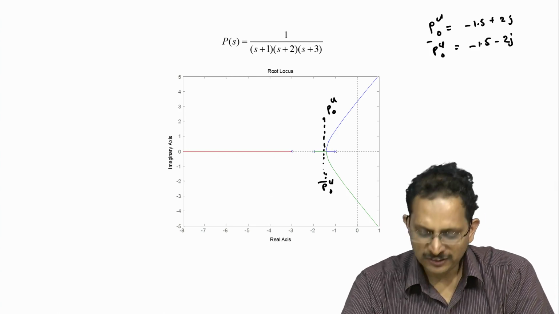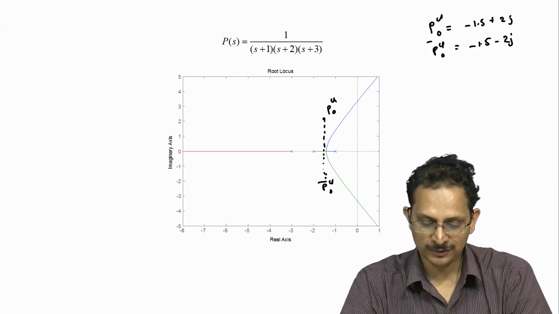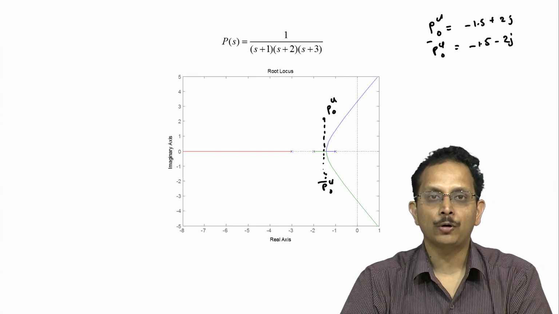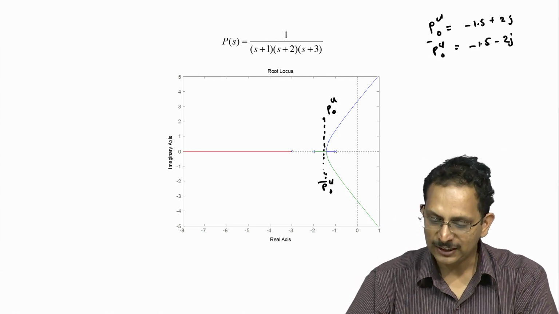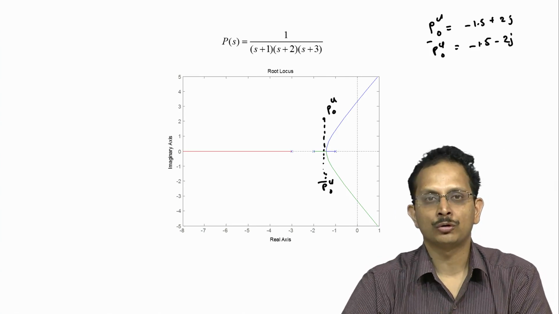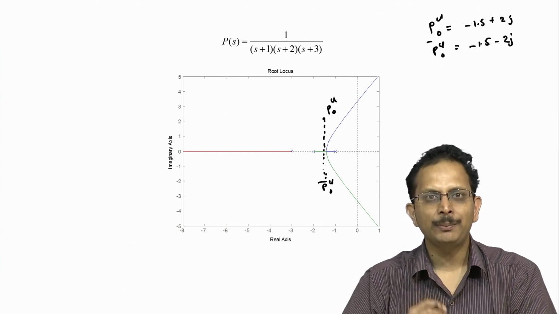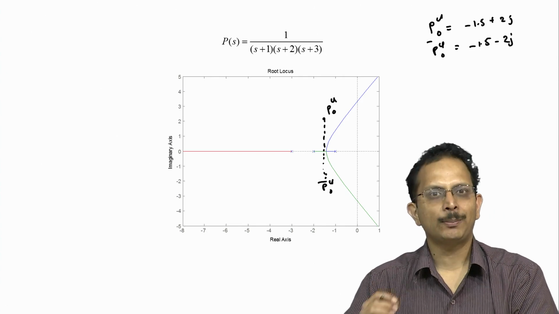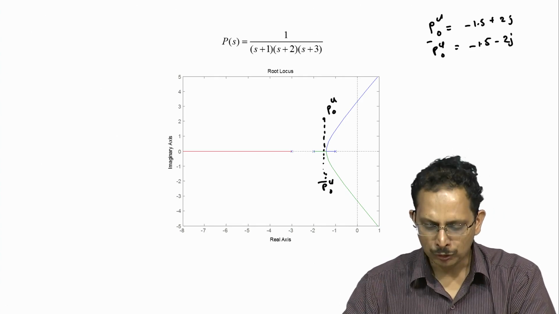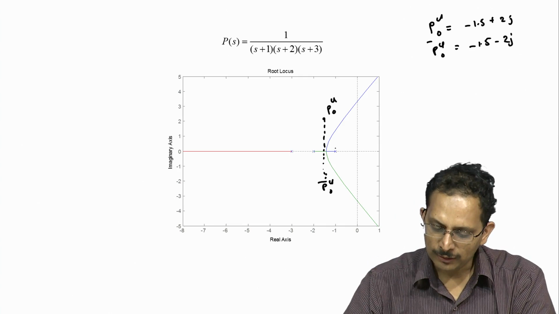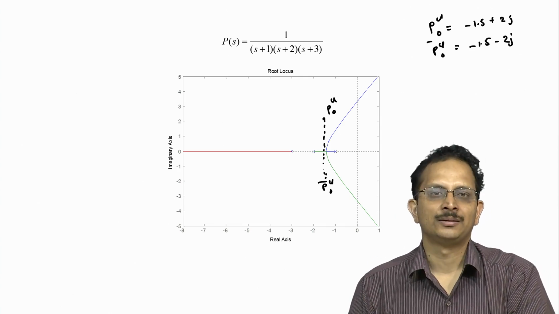Now, we see that in this particular case it is impossible for a proportional controller to get us to have this particular closed loop dominant dynamics for our system, simply because by just using a proportional controller our closed loop poles can only lie on the root locus of our plant.